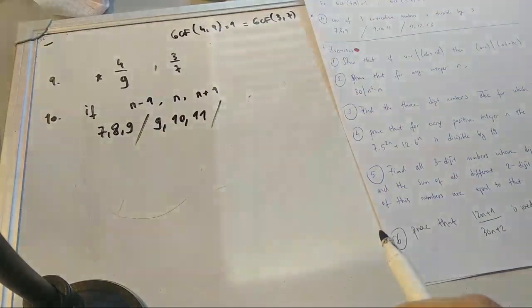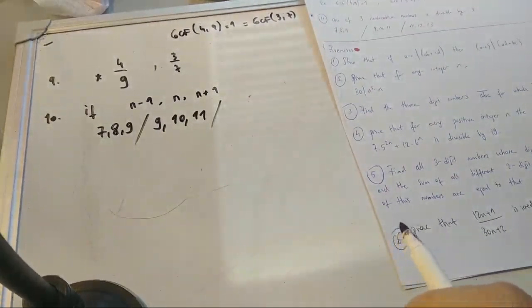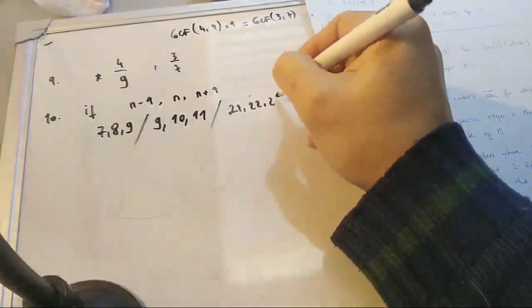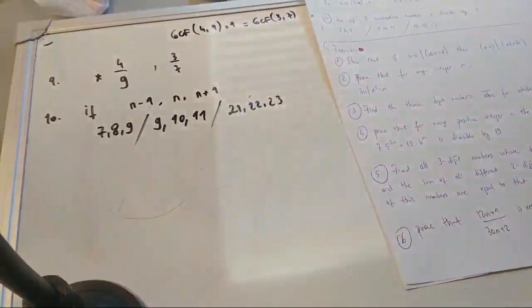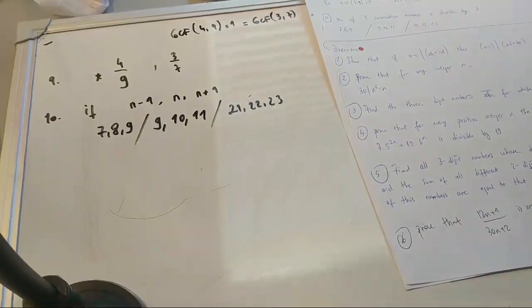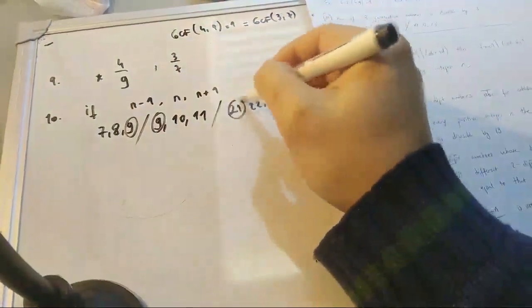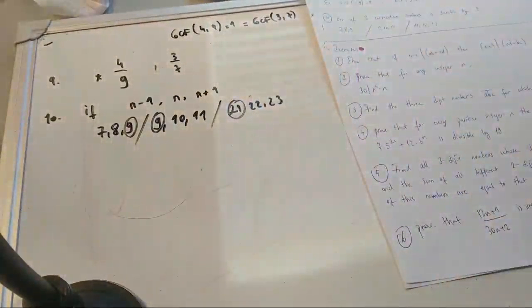Can you tell me another three consecutive numbers? Thank you. 21, 22, 23. And the property says one of three consecutive numbers is divisible by 3. So here 9, and here 21 is divisible by 3.